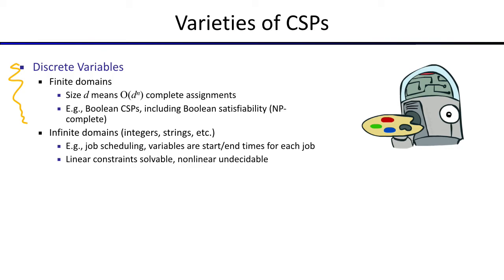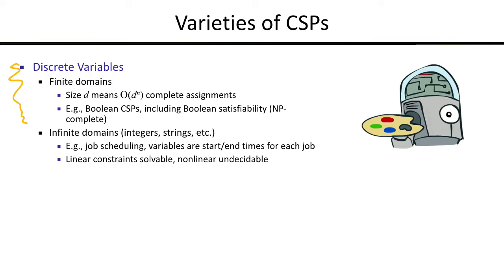But discrete variables. So we're talking about assign the color red to this country or put the number 2 in this box, these kinds of things, where you might instead have continuous variables. And that would be like if you're trying to schedule start and end times for a telescope. That's one that we'll see in a second.